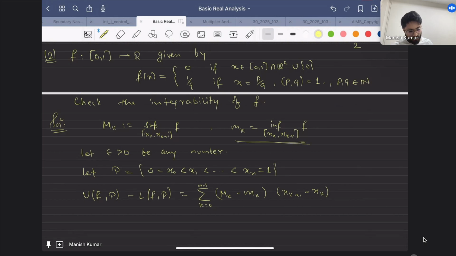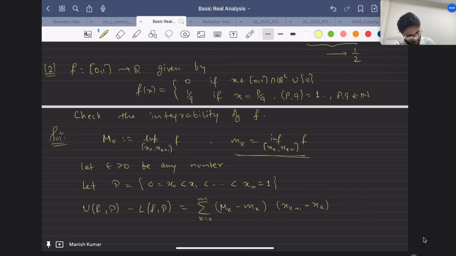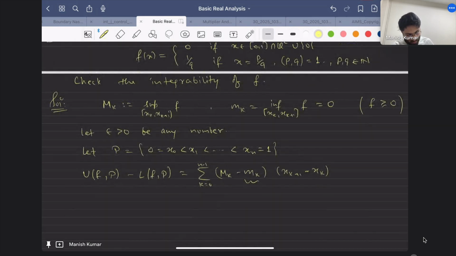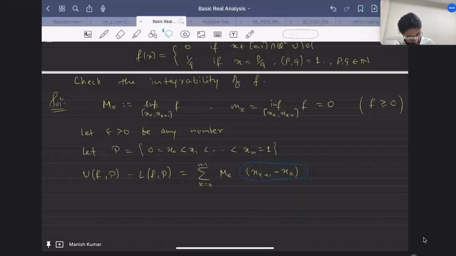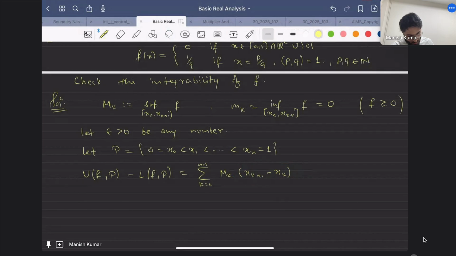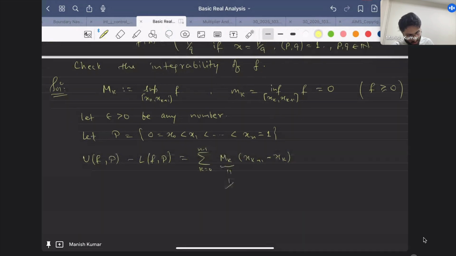Whatever partition I choose, there are irrational numbers in each interval and the function is greater than or equal to 0, so the minimum is always going to be 0, and the supremum is going to be achieved at some rationals. So I can eliminate this term right now. So this is Mk and then you have this thing. This will be of the form 1 by qk, something like this, right?